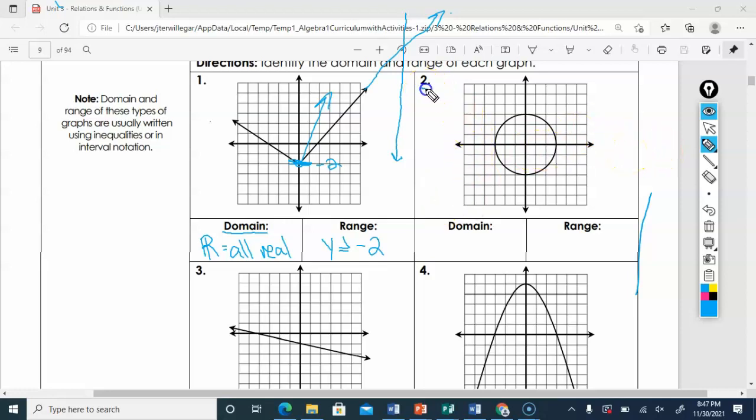Now let's take a look at number 2 and our domain. So I'm going to start at the left. There's no values of x over here. Starting here, I have a value for x. Now it looks like it's -1, -2, -3. And then I have a value for x all the way until +3.